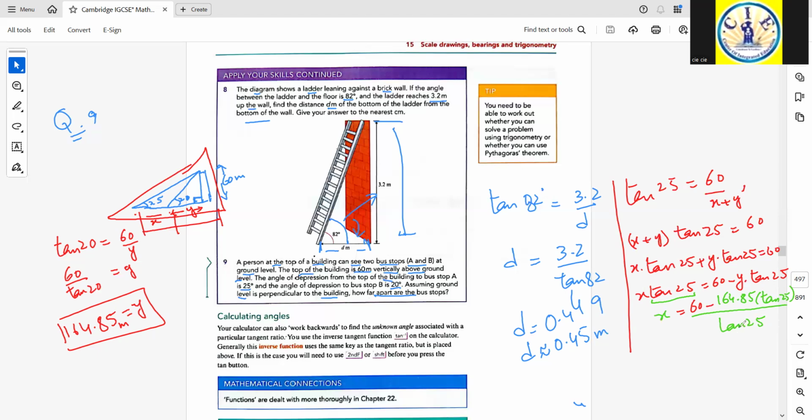So from the calculator, we can find out that the value of x, or the distance between these two bus stops, will be 36.18 meters. So this distance is 36.18 meters, the distance between two bus stops. This one. So that completes question number 9 and this exercise 15.5.